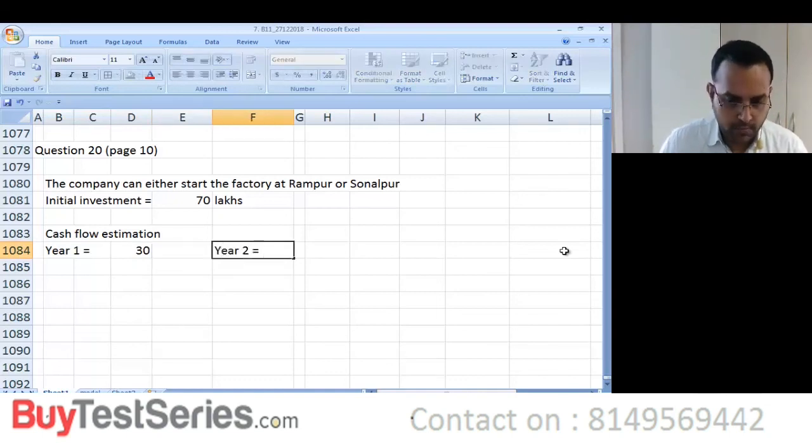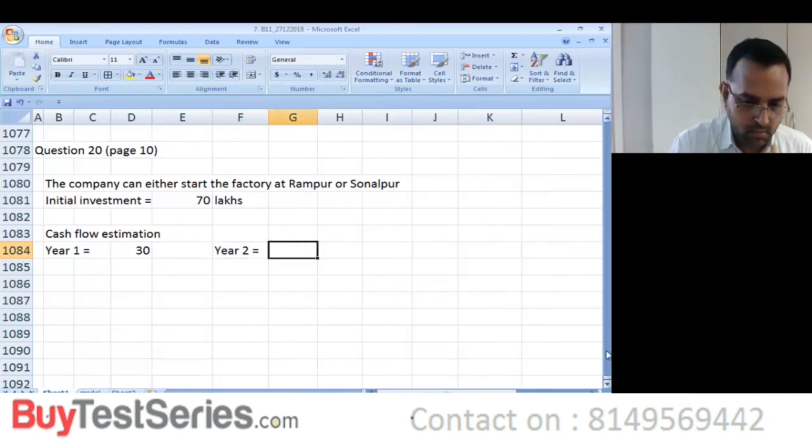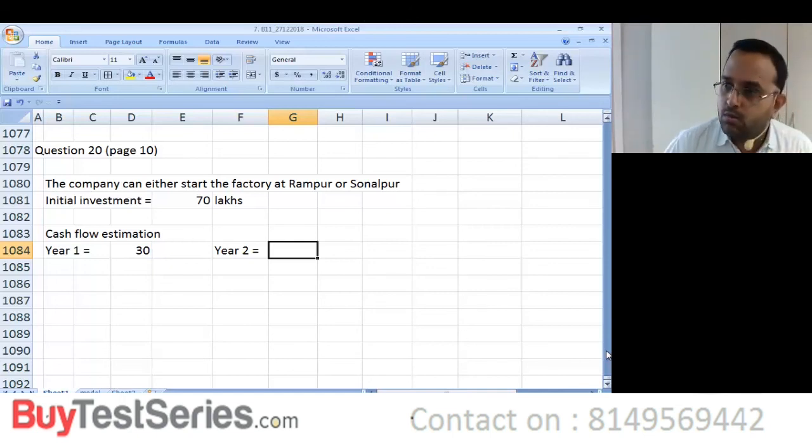Then year 2. Guys, year 1 there are three possible cash flows, 30, 60 and 90. If year 1 the cash flow is 30, year 2 cash flow will be 0 into 0.3, correct, plus 30 into 0.4 plus 60 into 0.3. That's going to be the average cash flow for year 2, right?